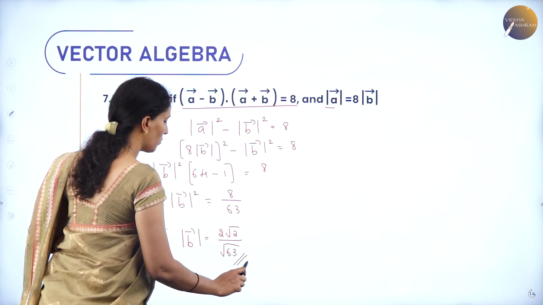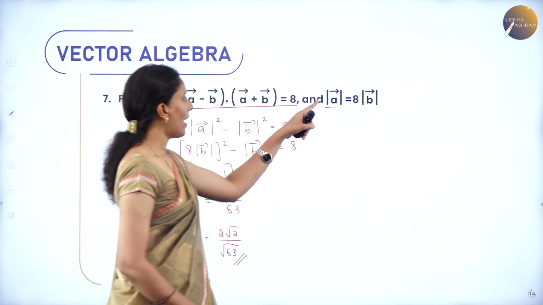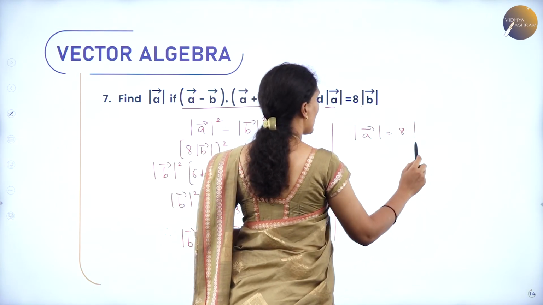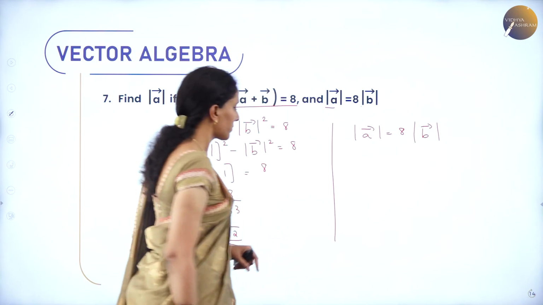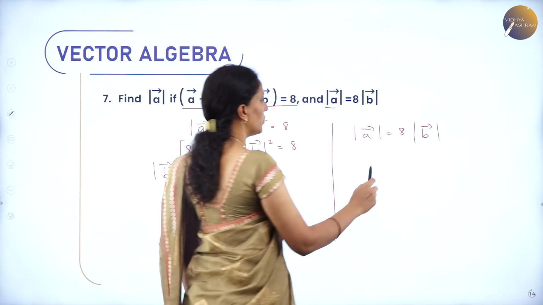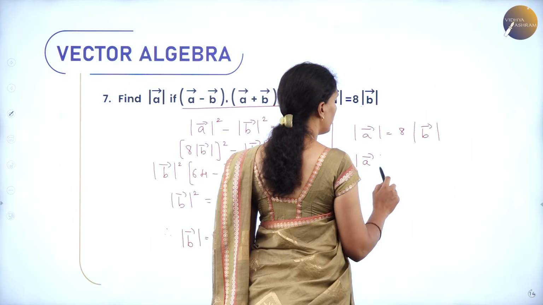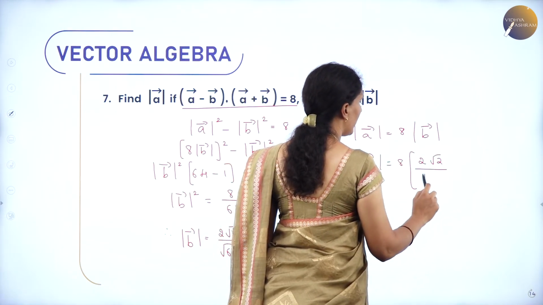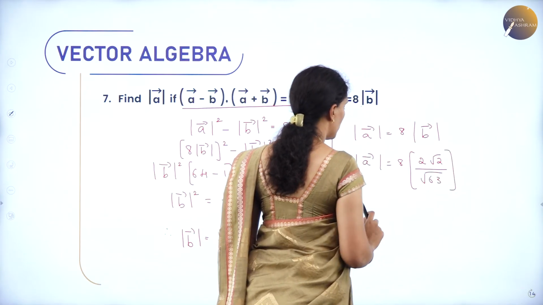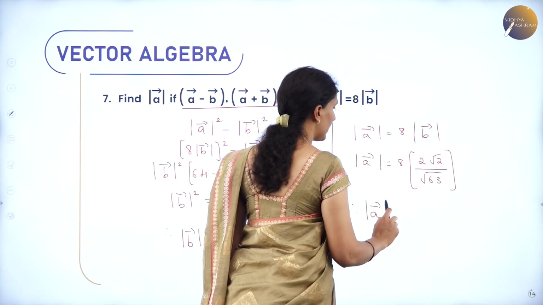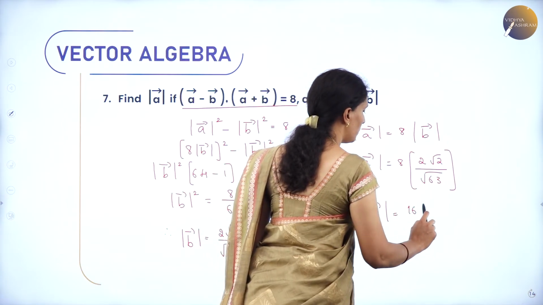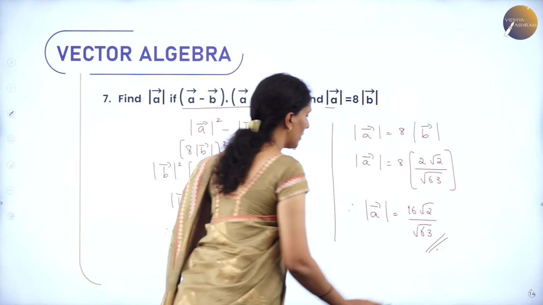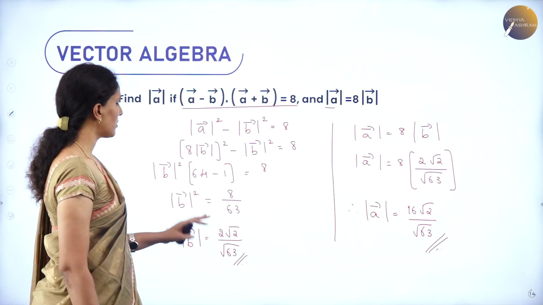So this is magnitude of vector B. Now we have magnitude of vector A as 8 times magnitude of vector B. So this is now 8 into 2 root 2 divided by root 63. So therefore, magnitude of vector A is 16 root 2 divided by root 63. So this is the magnitude of vector A and vector B.